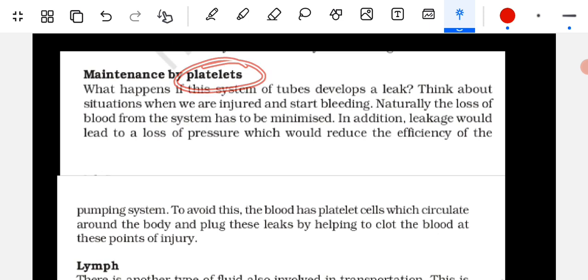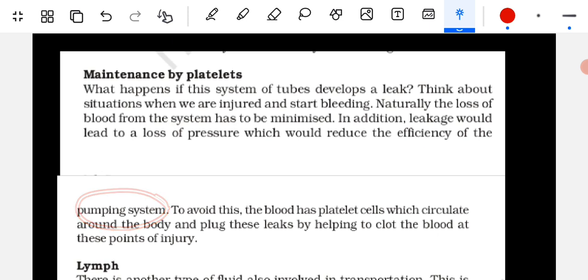These platelets help in the clotting of blood at the points of injury. When there is a loss of blood, the pressure decreases, and that would reduce the efficiency of the pumping system.